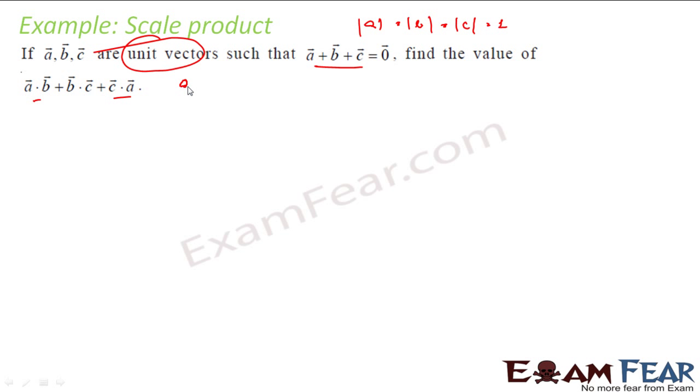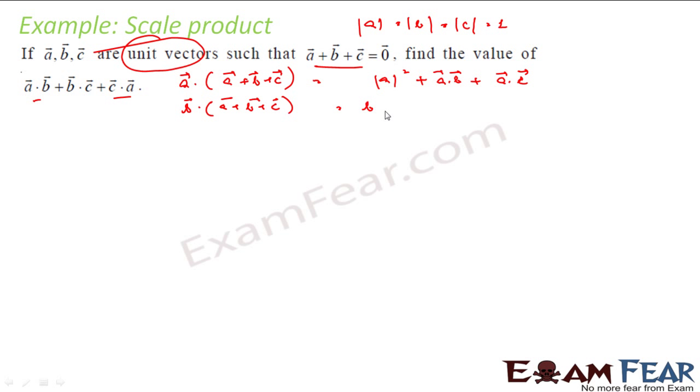If I can add these, I can get this value. So let's try this. Let's try to find a dot a plus b plus c. This is nothing but magnitude of a square plus a dot b plus a dot c. Correct? Similarly, if you multiply b dot a plus b plus c, what you get is b dot a. b dot a is a dot b only because they are the same, and b into b is magnitude of b square plus b dot c.